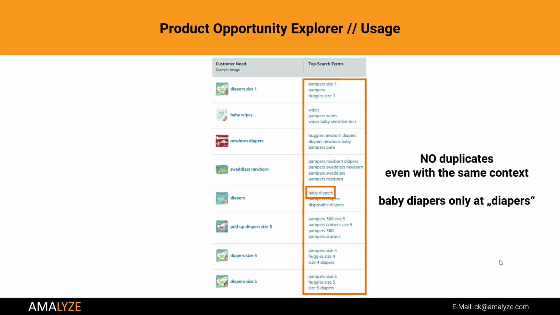Even with the same context, that means if you're optimizing and you're not seeing that baby diapers is only appearing directly here with diapers, you will not even optimize maybe for baby or for baby diapers. You will not find that search term again in another niche. And that's the thing I really do not like. Okay?